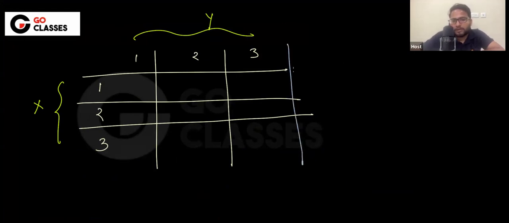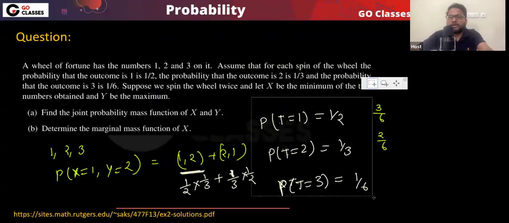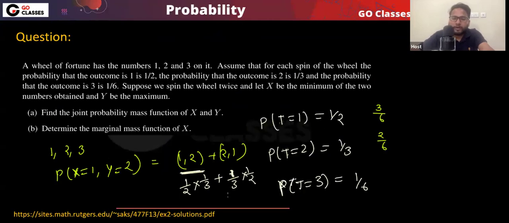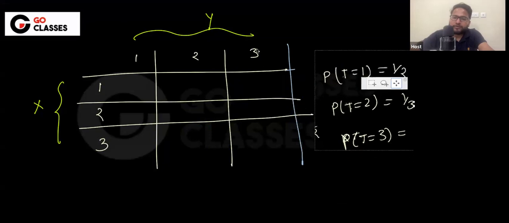So maybe x on the horizontal. Now let's see what the probabilities are. These are the probabilities for the wheel. Either you get 1 or you get 2 or you get 3, and these are the probabilities for the same.